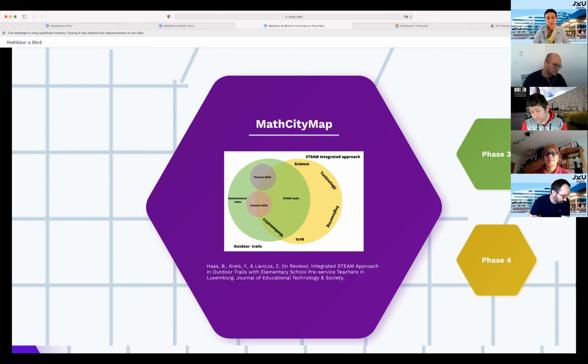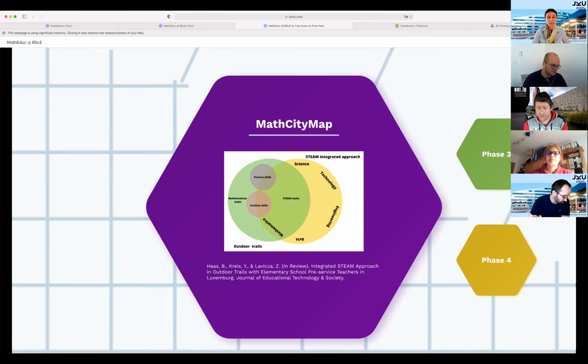And we found out in our analysis that even if we started with mathematical tasks, quite quickly we discovered that students, in fact, modeled STEAM tasks.